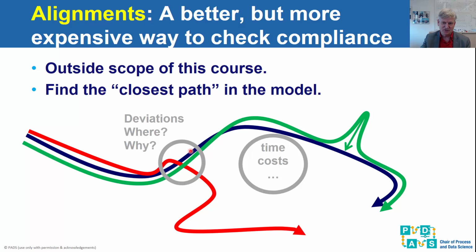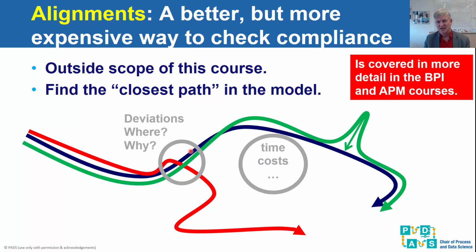And after squeezing the data into the model, we can do time analysis, we can do cost analysis, and like a whole world of supervised machine learning problems is showing itself if we do that. Alignments will be covered in much more detail in, let's say, dedicated process mining courses like BPI and APM, as I also indicated at the beginning.